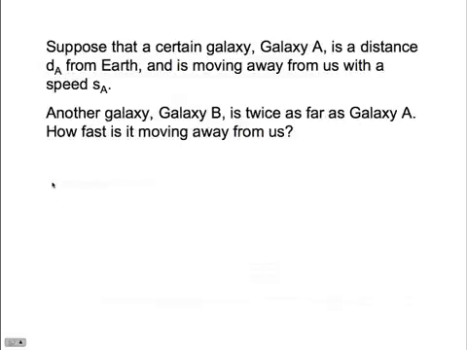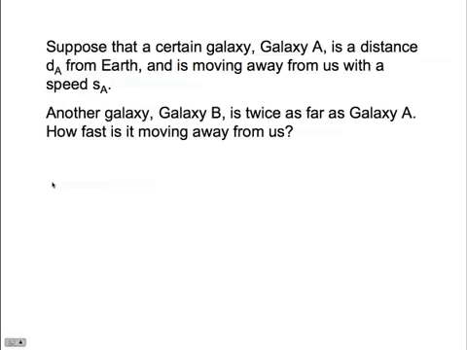Suppose then that a certain galaxy, galaxy A, is a certain distance, d sub A, from Earth, and it has a recessional speed of s sub A. Another galaxy, galaxy B, is twice as far as galaxy A. How fast is it moving away from us?